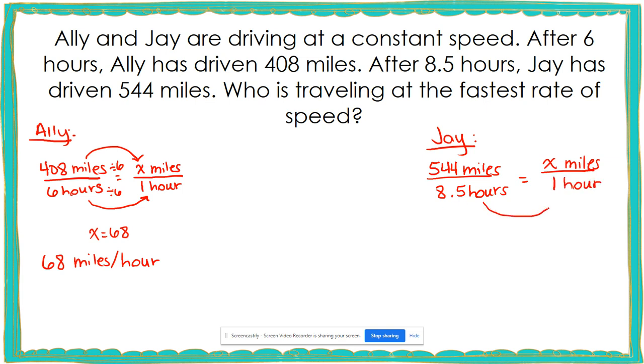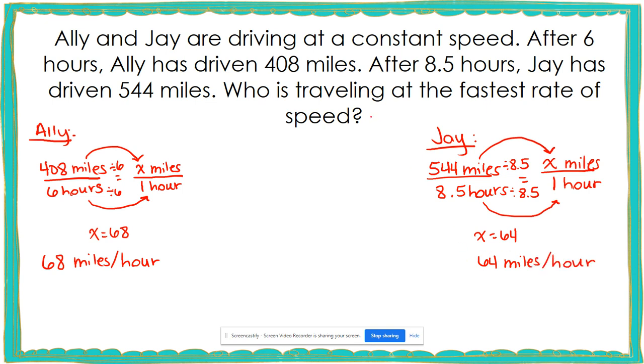Now, to get from 8.5 to 1, I would divide by 8.5. So that means that to get from 544 to x, I would also divide by 8.5. So when I do 544 divided by 8.5, I get 64. That means that Jay travels at a speed of 64 miles per hour.